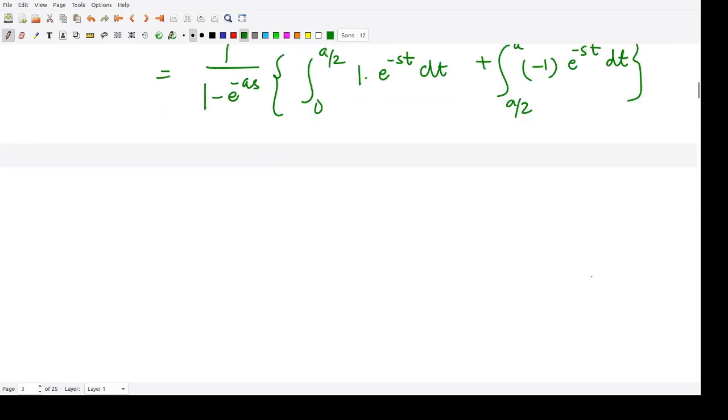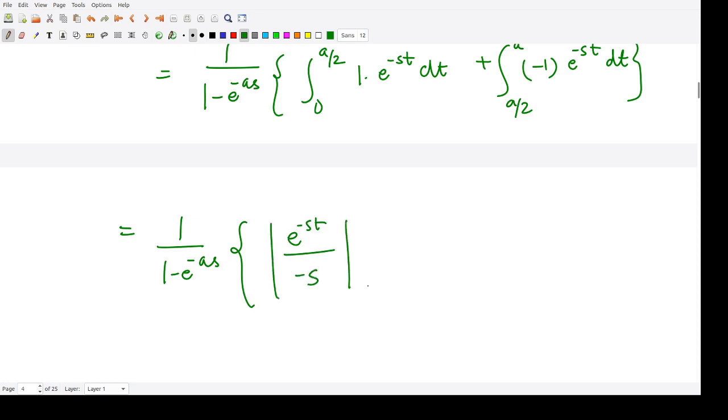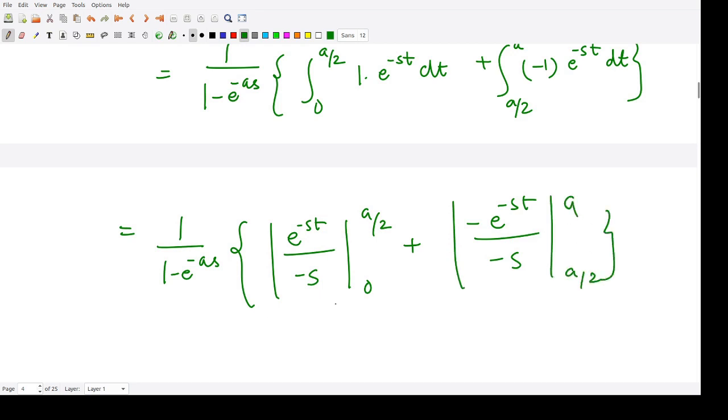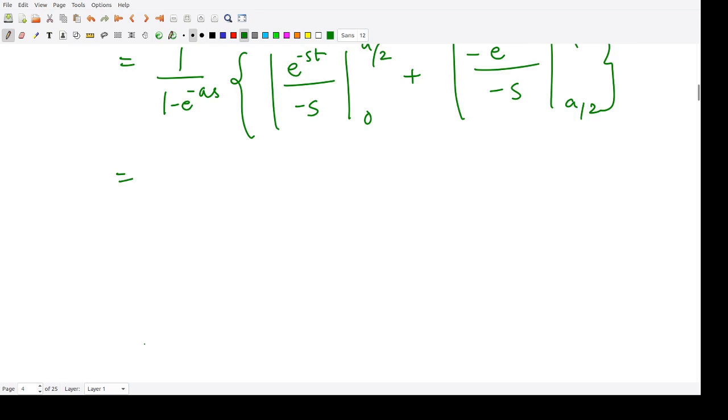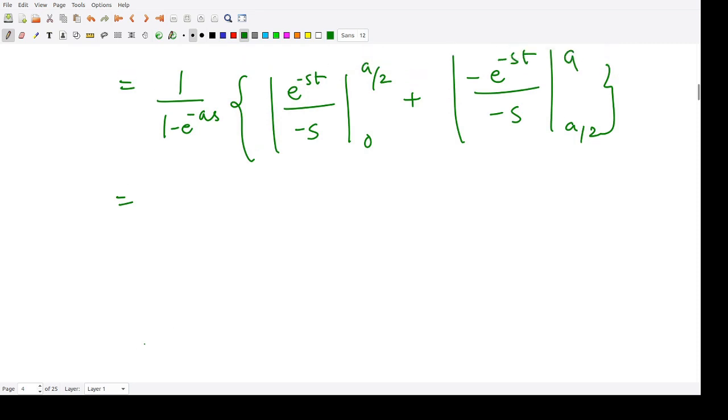Okay, so we can solve this. It would be 1 upon 1 minus e to the power minus as, and when you perform the integration with respect to t, you would substitute the limits thereafter, and here you would have minus e to the power minus st divided by minus s, and the limits vary from a by 2 to a.